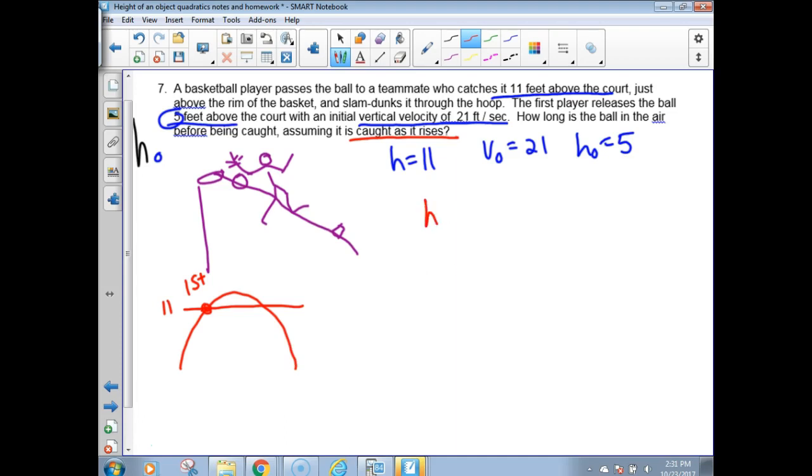So let's go into the graph first. The first thing we'll put in line 1 is, let's see, what do we got? Negative 16t squared plus 21t plus 5. In line 2, we'll put in h is 11, and then we'll figure out which one we want to know.